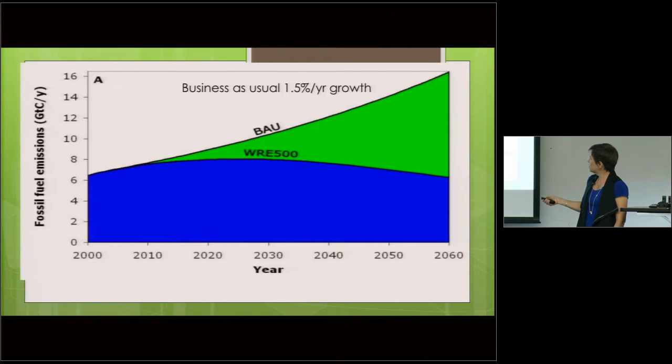And this is trying to stabilize CO2 at 500 parts per million. So as time goes on, we'll need to decrease our fossil fuel emissions. So that's stabilizing at 500 parts per million.